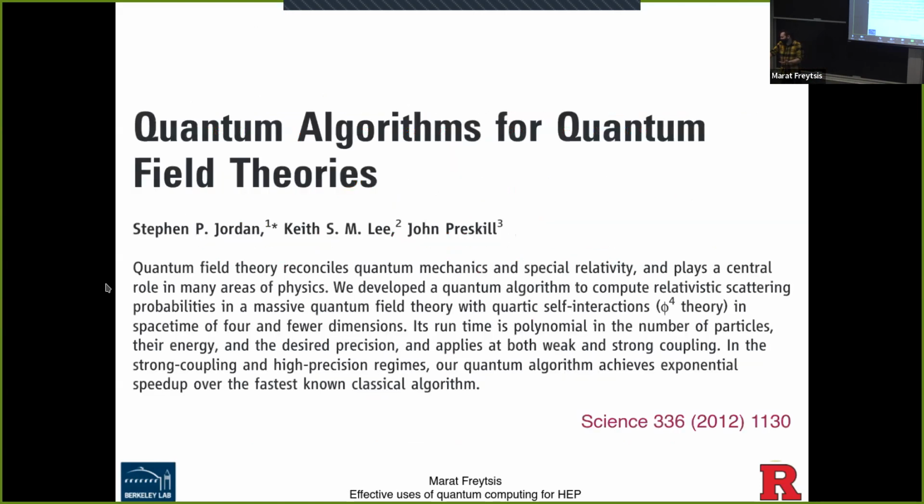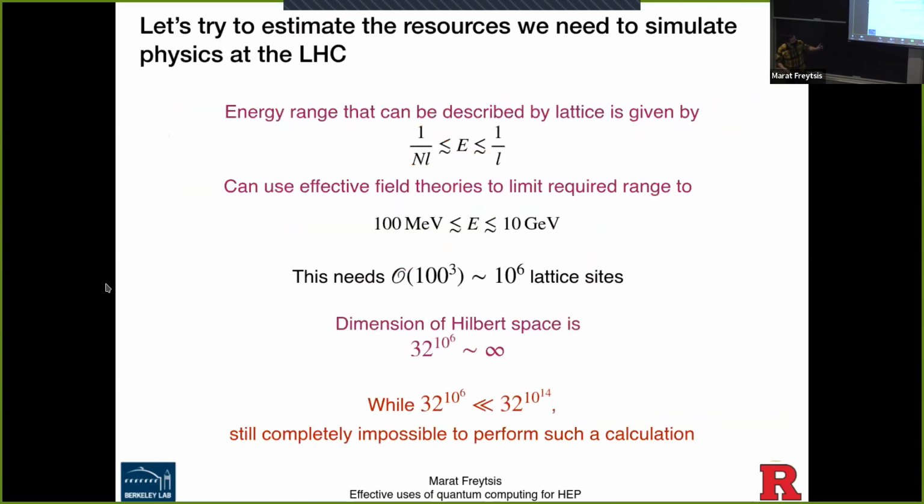As Ken already said, instead of those 10 to the 6th lattice sites, if we want to encode that Hilbert space into some number of qubits, it is going to be of the order of 1 million qubits, which is still far more than what we have at the moment, but is a number you could imagine reaching at some point in our lifetimes. The people working on the hardware claim that we would be able to achieve this within the next decade or two.